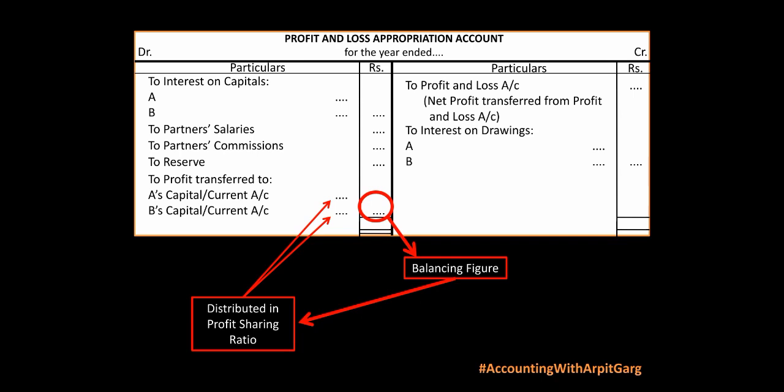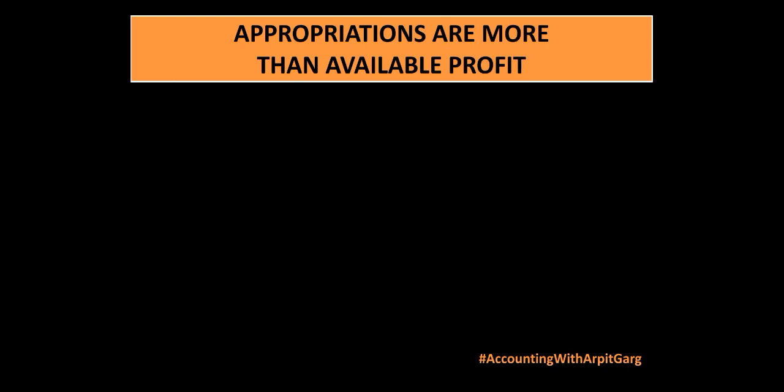And what if appropriations are more than available profit? Let's look. Suppose there are two partners A and B, and the amount to be given to them as per partnership deed comes out as rupees 50,000 and 1 lakh, but the profit available with us is rupees 75,000 only.